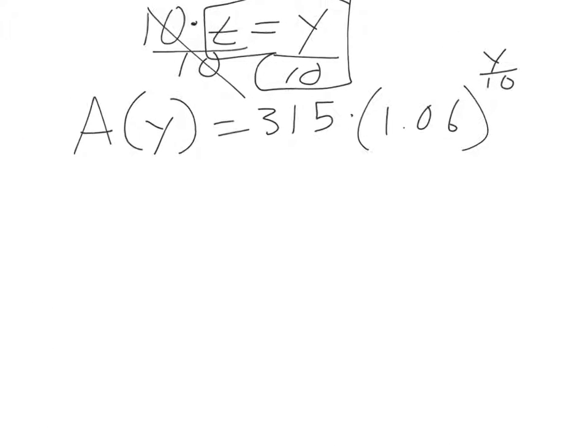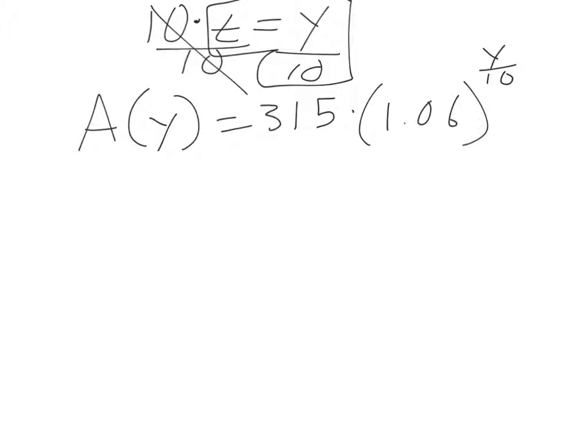So let's play with this. Remember, now this is the same thing as saying 315 times 1.06. And instead of saying y over 10, couldn't we say 1/10 times y? And this is where it gets really interesting, because remember, we have this 1/10 here. It's multiplied by y, which means that we could move it inside as an exponent here.